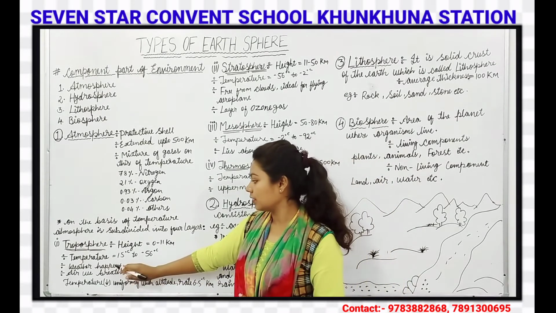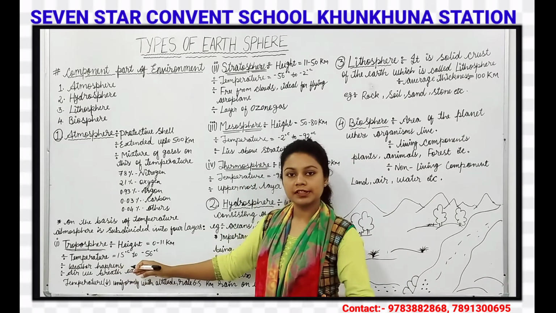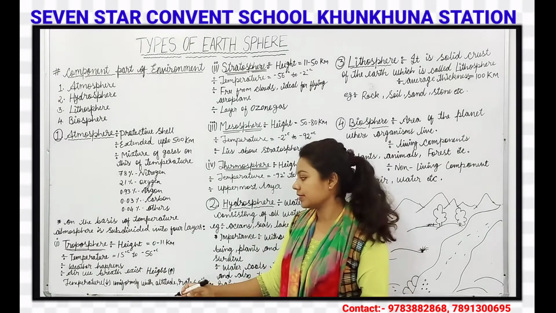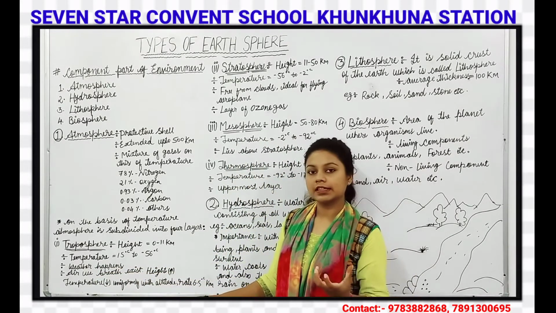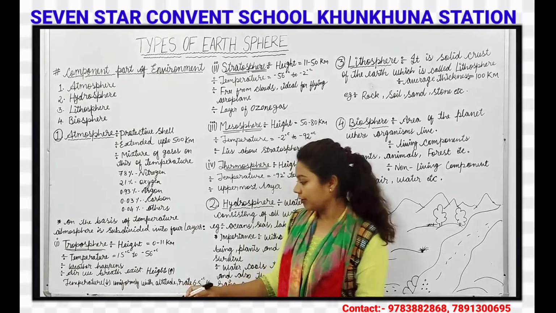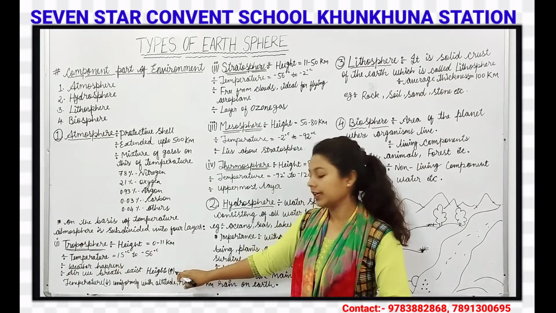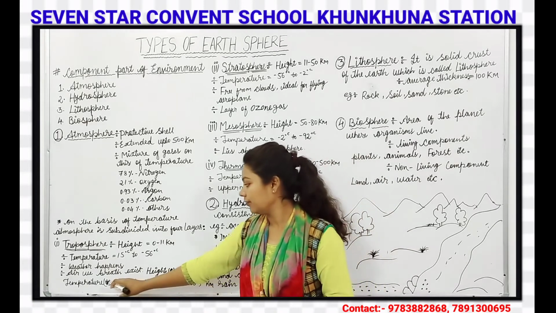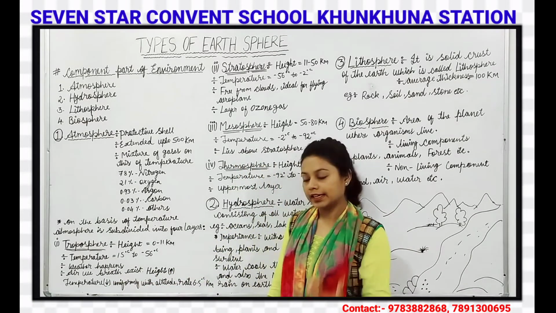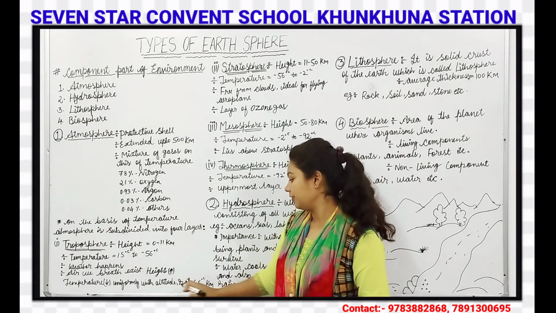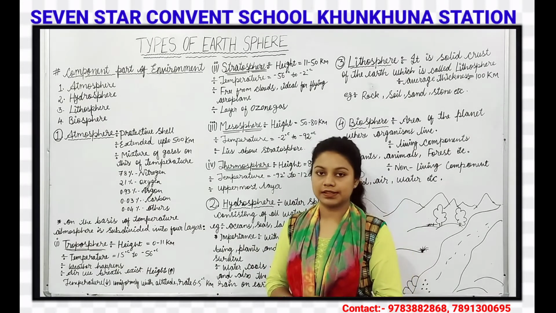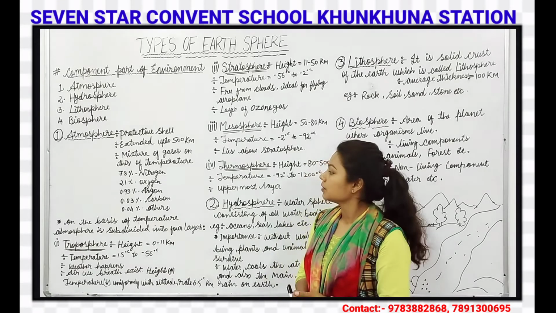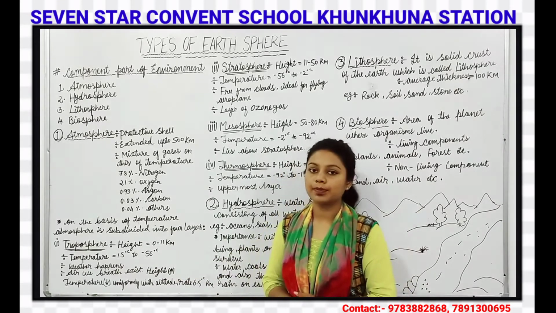In this troposphere the weather happens, and here the air we breathe exists. The temperature decreases uniformly with altitude at a rate of 6.5 degrees Celsius. So this was about the troposphere.